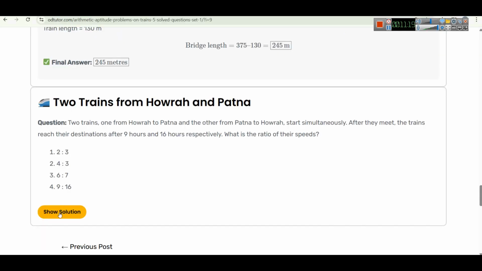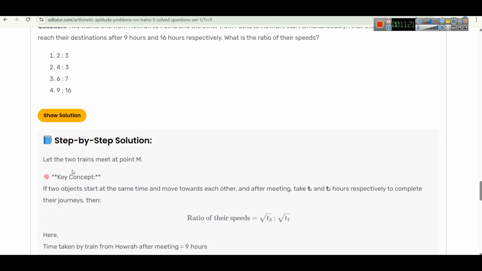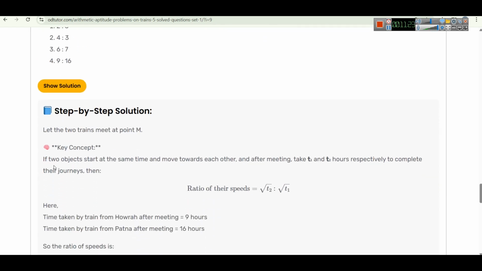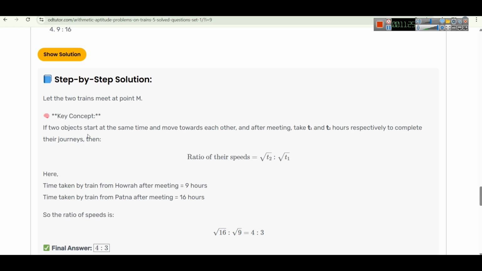So now the solution is, let the two trains meet at point M. If two objects start at the same time and move towards each other, and after meeting take T1 and T2 hours respectively to complete their journeys, then their ratio of speeds will be T2 divided by T1 under root.